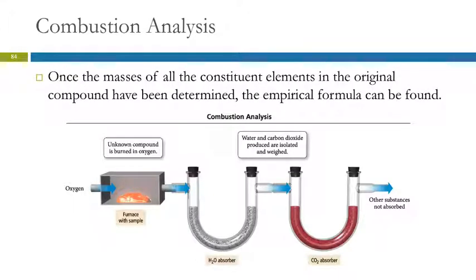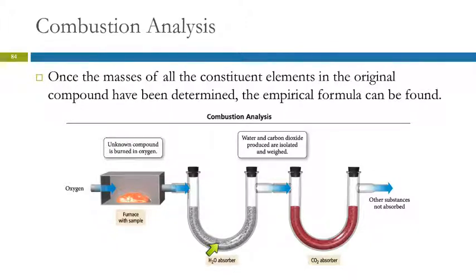So this is an illustration of what a combustion analysis setup might look like. Here we have a furnace in which the sample is burned. We have oxygen coming in there because oxygen is necessary for combustion. The gases that come out of this furnace are run through a series of tubes. The first tube has a substance in it that will absorb water.